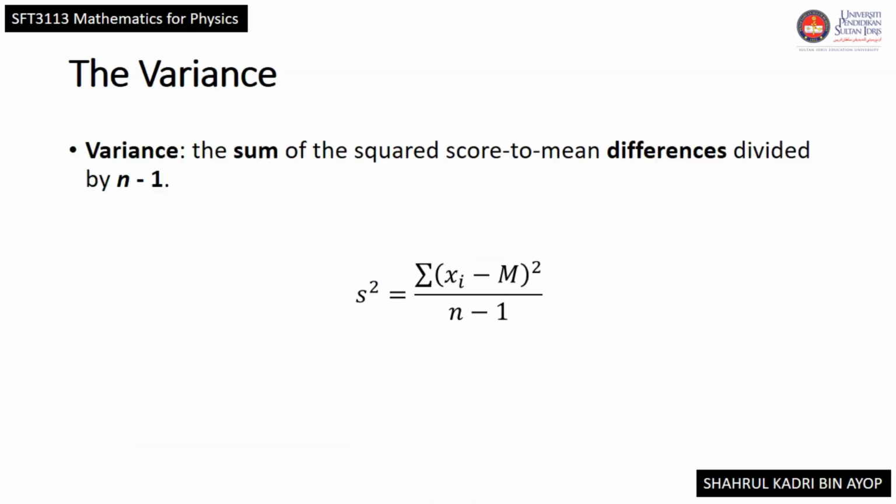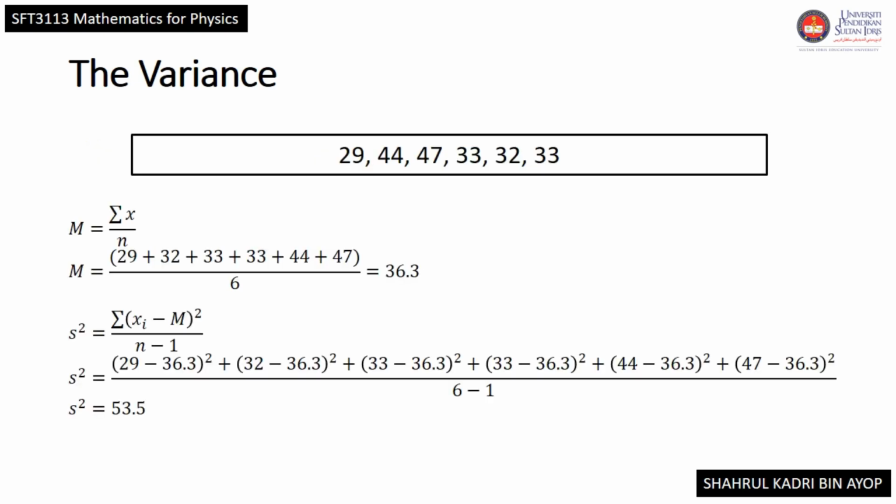Next, we take a look at the variance. Variance refers to the sum of the squared score-to-mean differences divided by n minus 1. This is the equation to calculate variance. For example, we have this data set. So the first step, we have to determine the mean value for this data set.